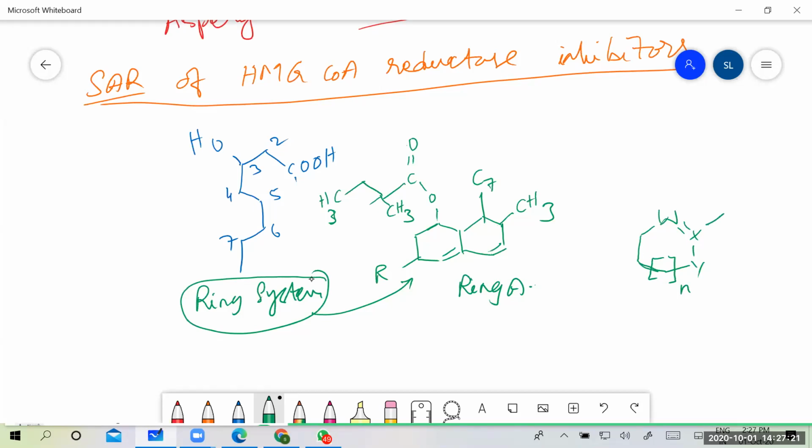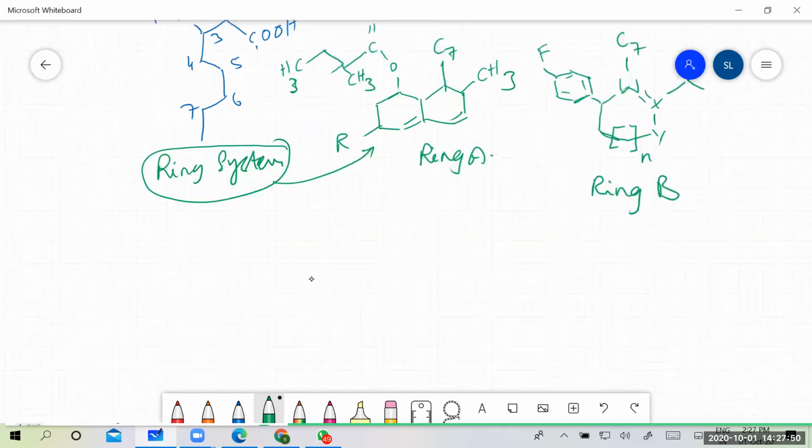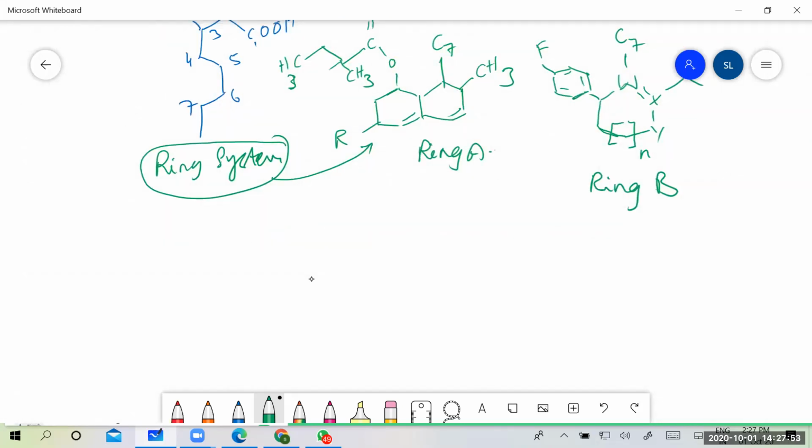This X can have different substitutions, and this is where the hydrolyzed lactone ring can join. In the majority of cases, the benzene substitution on this particular ring system has a para-fluoro. So this is ring B and this is ring A.